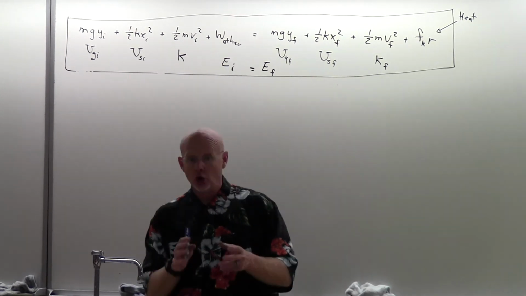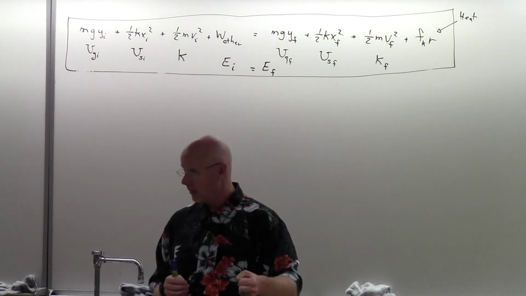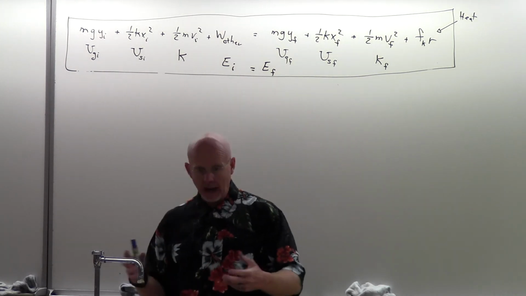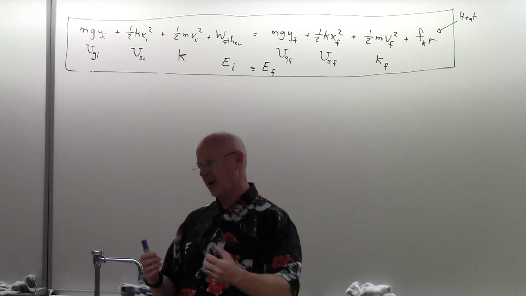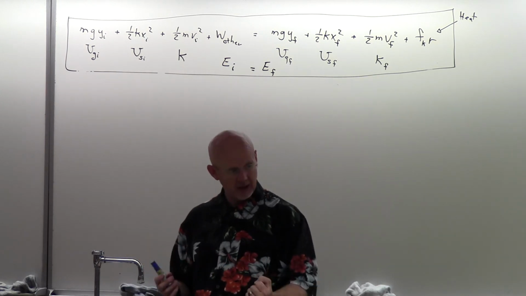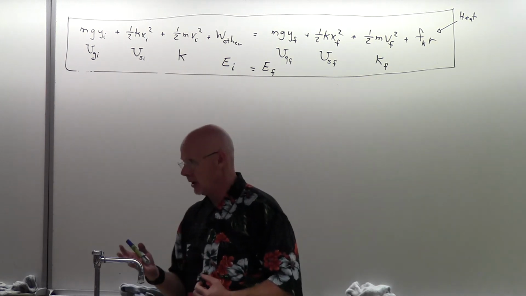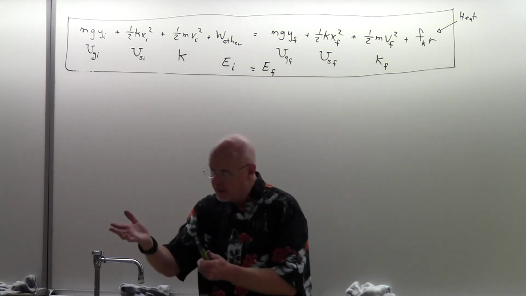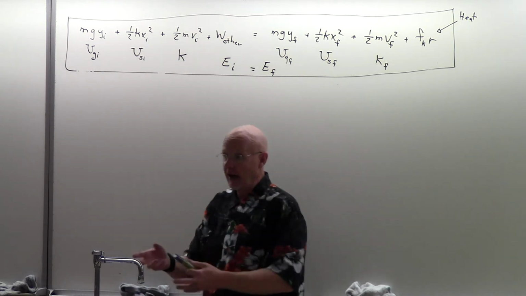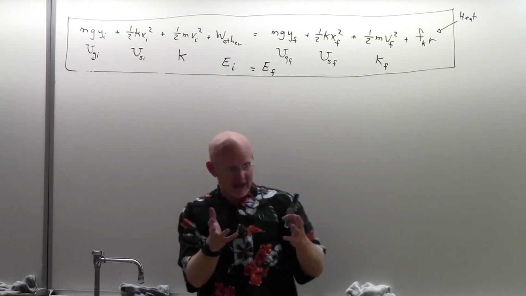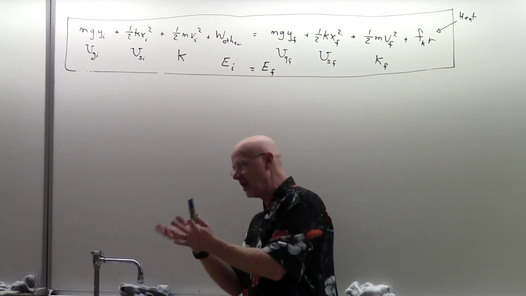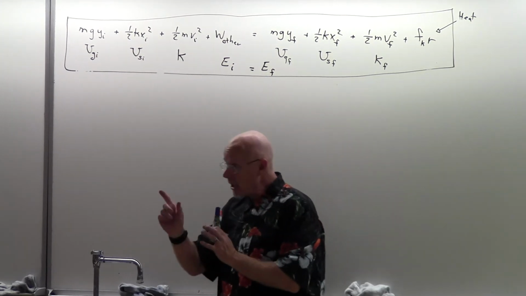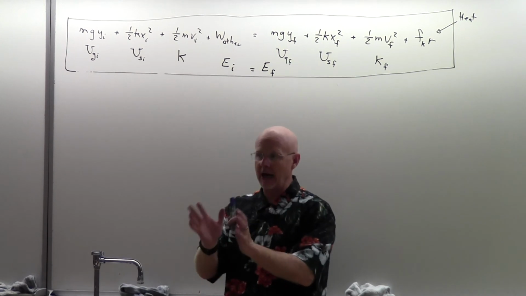My initial could be after I pull it back, which I'm going to use. It could be when I pull it halfway back, which I don't want to do for the same reason. I have to then incorporate how much my hand is pulling on it. My initial could be 20 years ago, and then all the pieces that went together for the last 20 years, which obviously I don't have enough information to answer that. So I can pick initial at any moment I want.